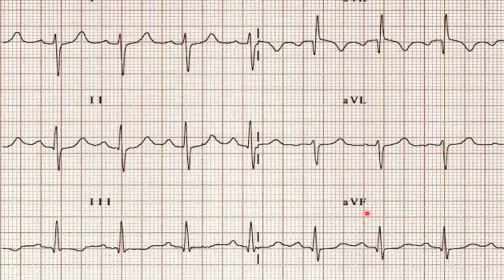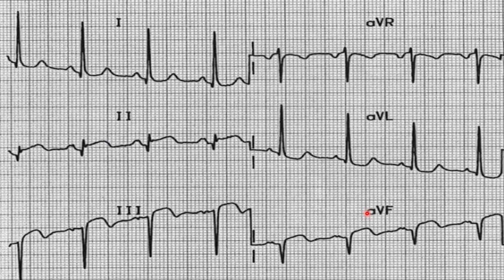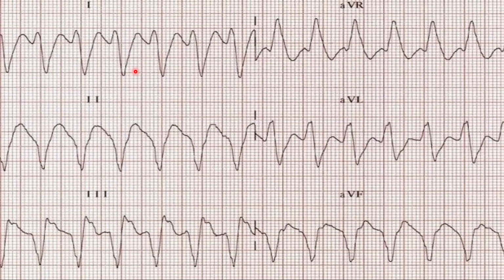So positive QRS in lead aVF or negative QRS in lead I means that this is our right axis deviation. Here you can see that the QRS complex is positive in lead 1 and negative in aVF, which means that the axis lies between 0 and minus 90 and it is our left axis deviation.